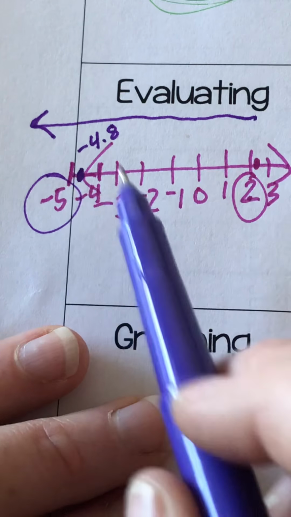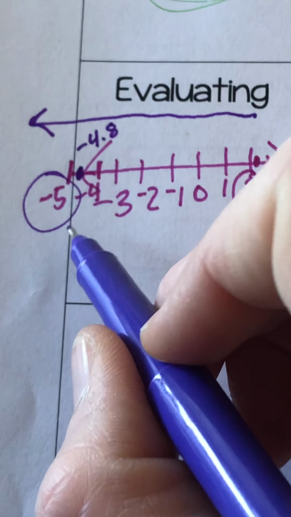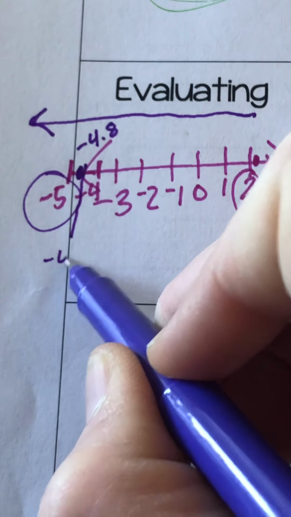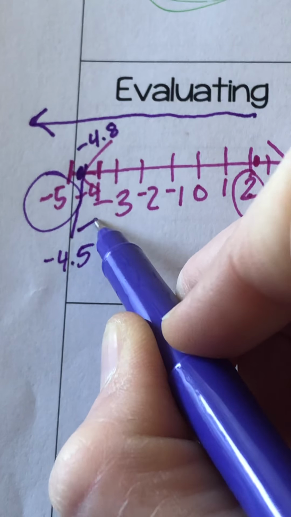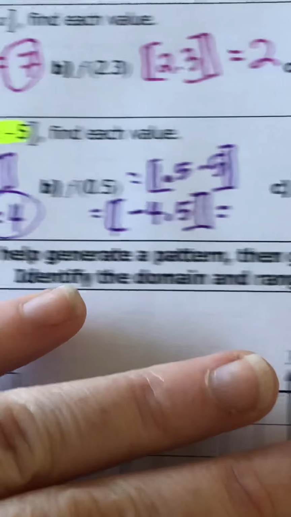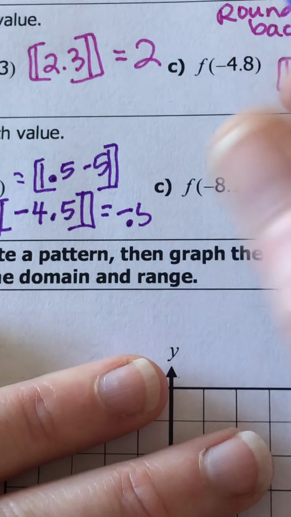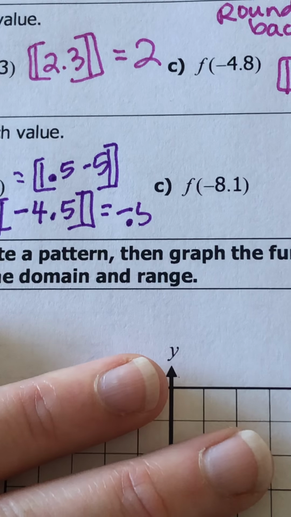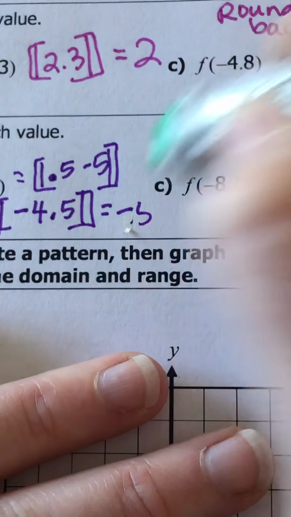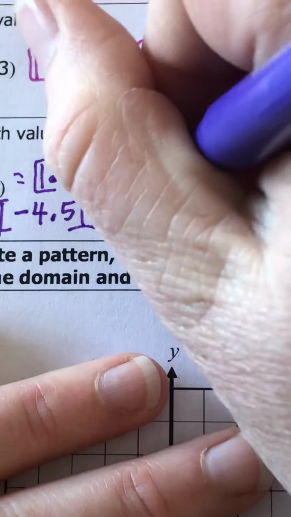Well, if you look at our number line here, if I went to negative 4, that would be going up. We can't do that. We can only go down. So this greatest integer is negative 5. Excuse me, I didn't mean to have that decimal there. Obviously, we can have a decimal within the input, so negative 5.